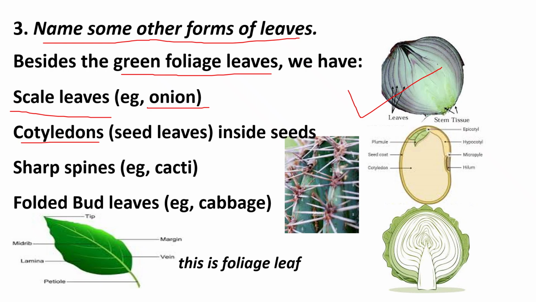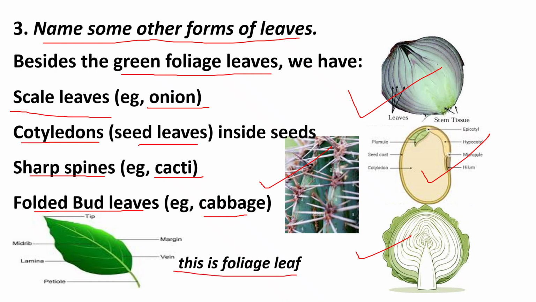Cotyledons or seed leaves, that is inside the seed. Sharp spines in cactus plants are leaves. Folded bud leaves inside a bud. For example, cabbage is a large bud, so inside the cabbage, if you cut it, you can see folded leaves.